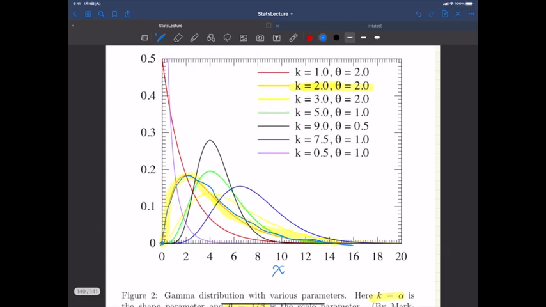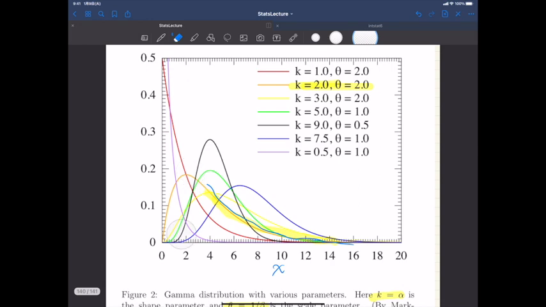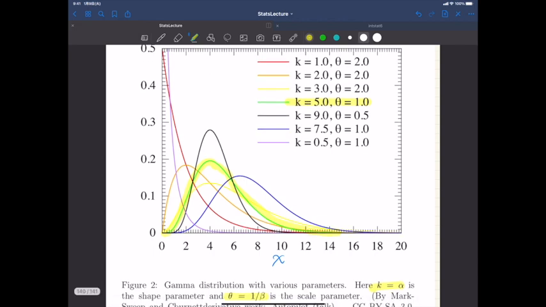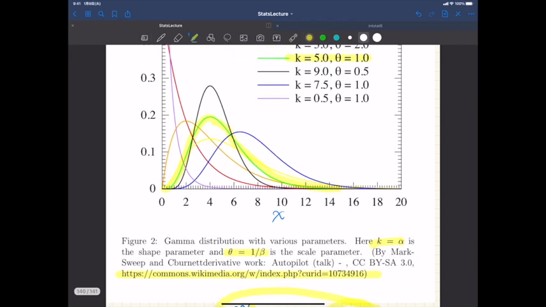And when k becomes large, for example, when k is 5 and theta is 1, then we have this green curve. So we can see the curve shifts towards larger values of x.